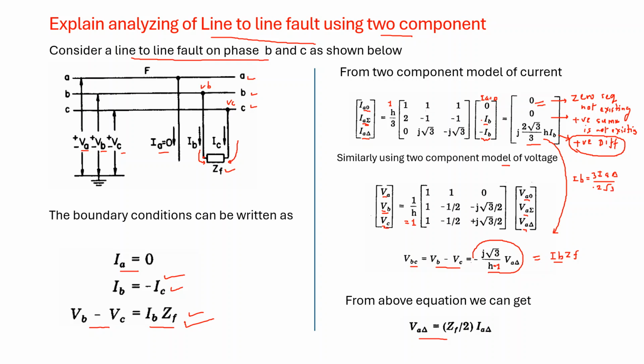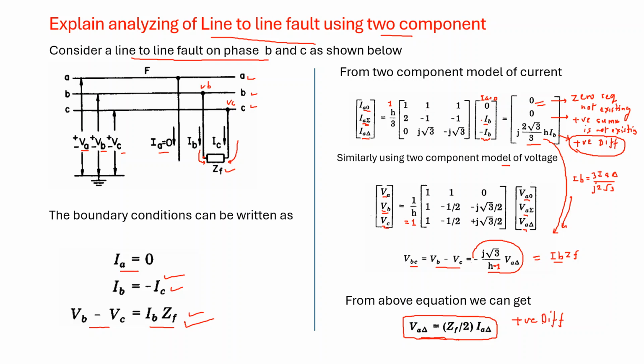So we can put here j and this here. So this value you can substitute here, and then from that equation we can get VA delta is equal to ZF by 2 IA delta.